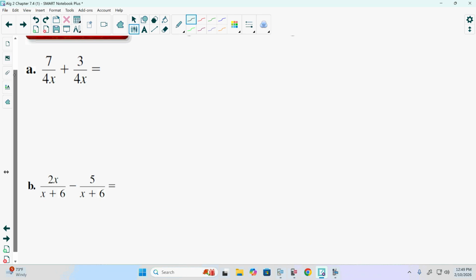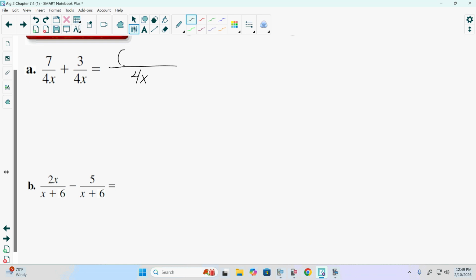So if we look at the first one here, 7 over 4x plus 3 over 4x, we want to add these two together. Now, since both of the denominators are 4x, it means we can add these two together. Since the denominators are the same, we can add the numerators.